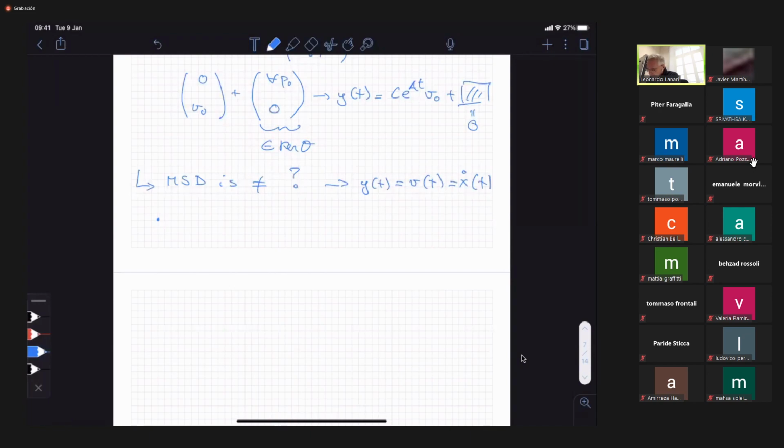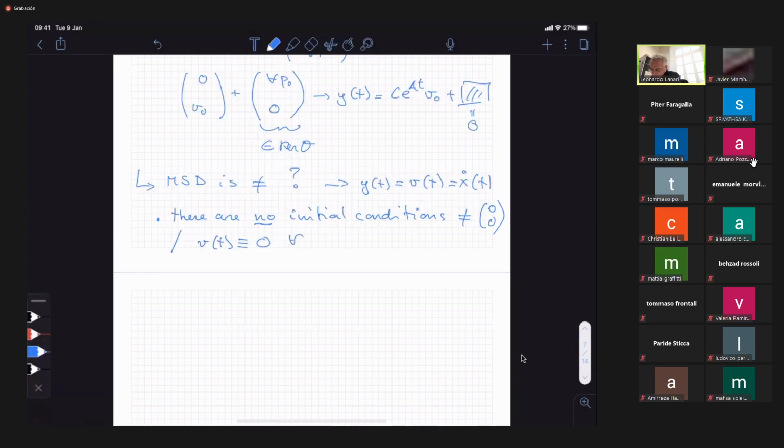Well, there are many possible ways of looking at this. The first one is saying there are no initial conditions different from the zero initial condition such that the velocity is identically zero for all t.